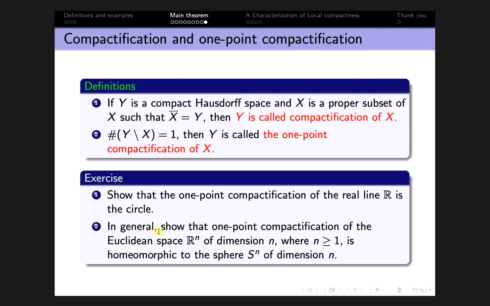In general, show that the one point compactification of the Euclidean space Rn, where n is greater than or equal to 1, is homeomorphic to the sphere Sn of dimension n. Recall that Sn equals the set of points in R^(n+1) with norm equal to 1. I would insist you please try to solve the exercises.